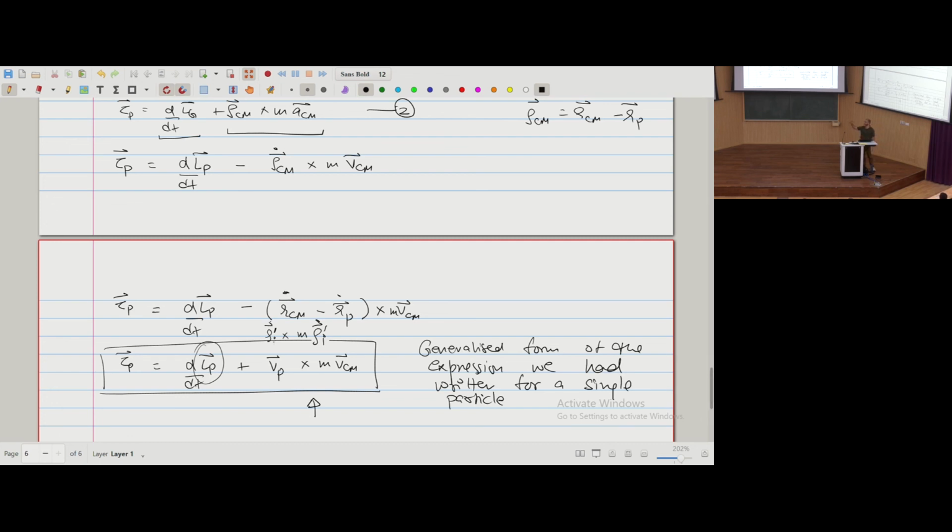And we will see that the expression changes, because for center of mass I told you that the angular momentum about center of mass taken in the absolute sense or the relative sense is the same, but that is not the case for a general point P. So in the next lecture after the quiz, we will talk about the dynamical relation between tau P and d by dt of LP in a relative sense, and that will be the end of this discussion on angular momentum, and then we move to variable mass system.